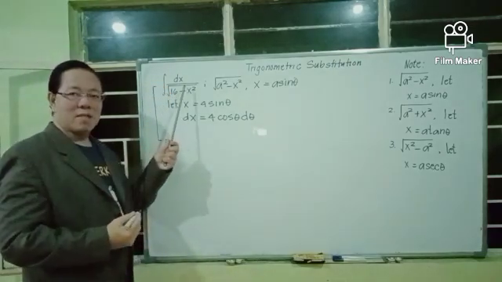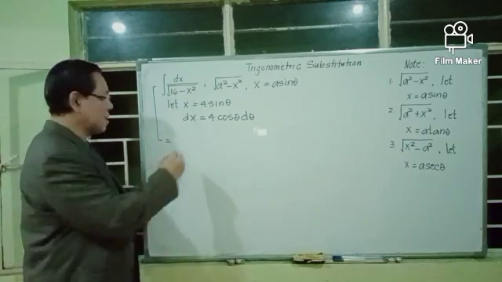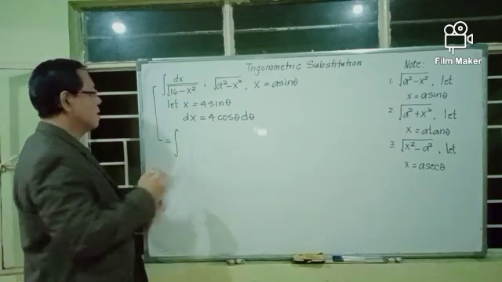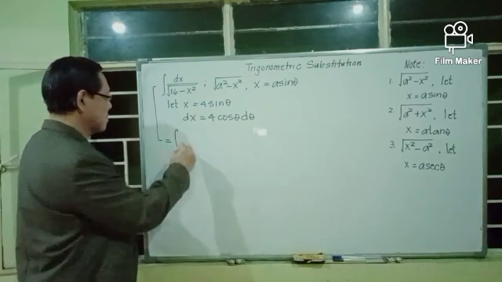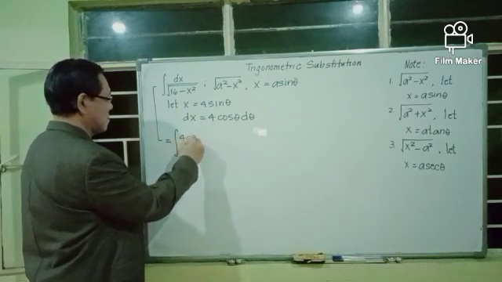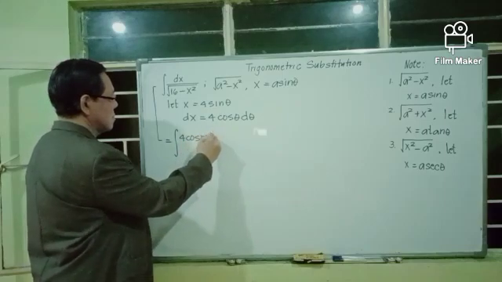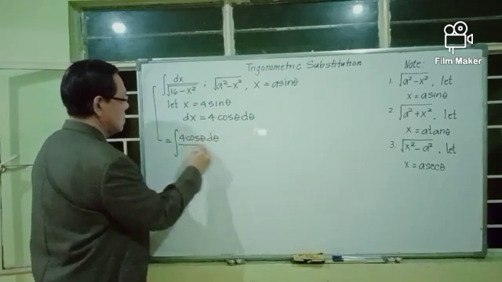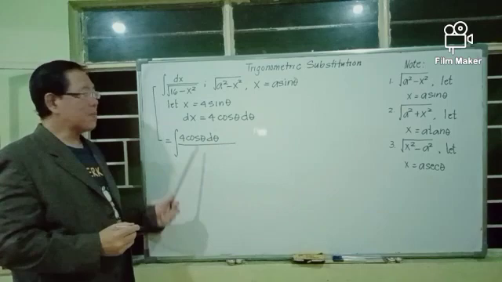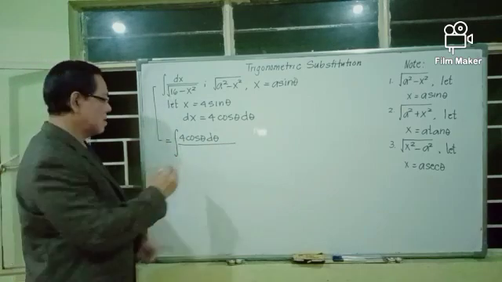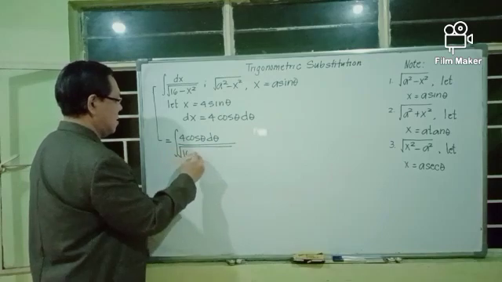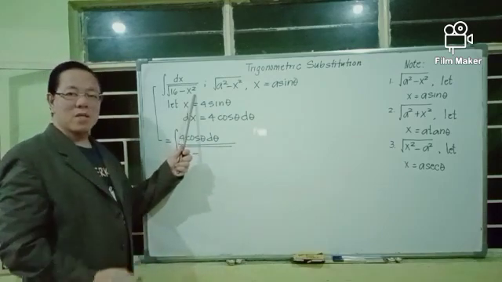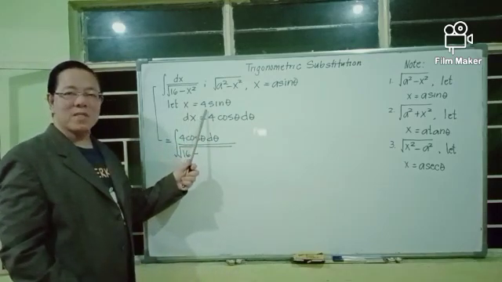Integral of dx is now equal to the integral of 4 cosine theta d theta divided by square root of 16 minus x squared, and x is 4 sine theta.